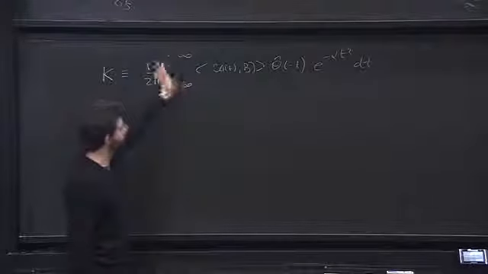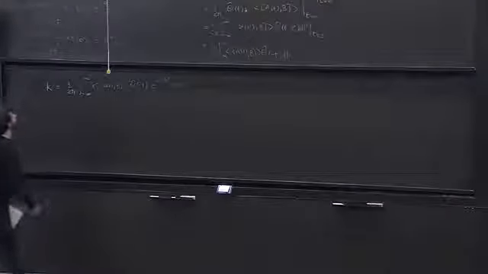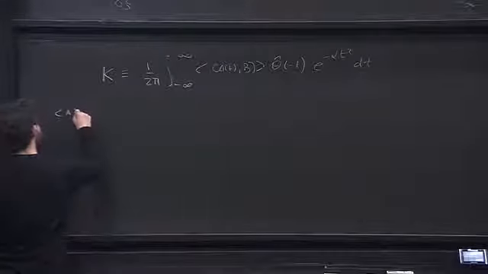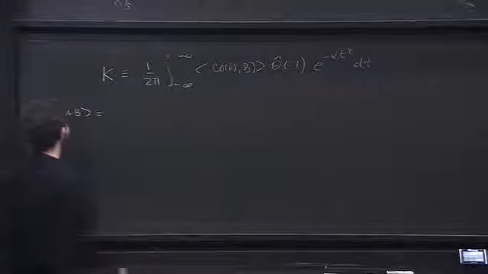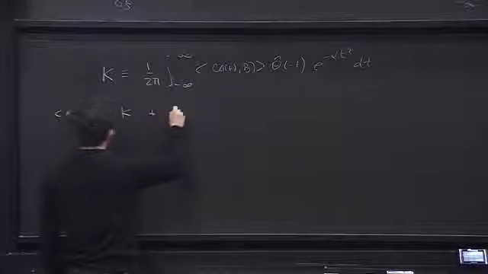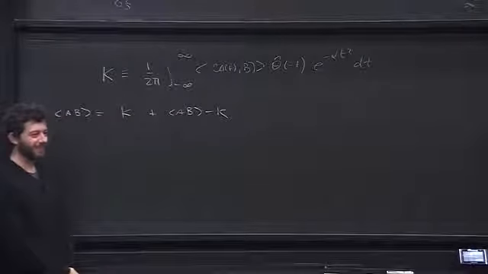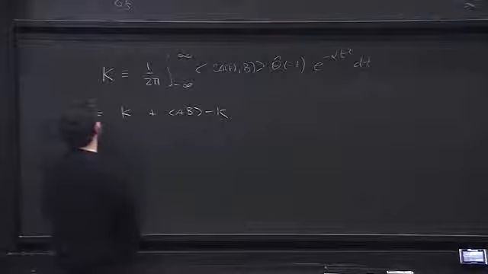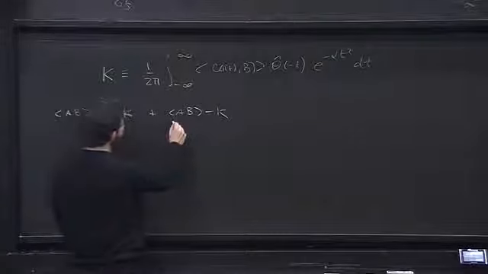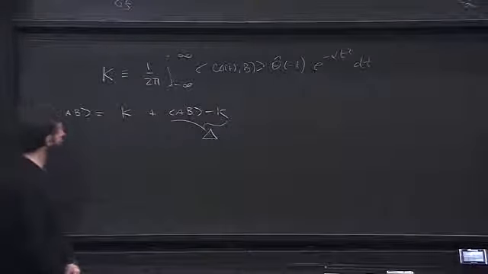However, this is not the function we are looking for. So our strategy would be the following. I can write AB in this way, like K plus AB minus K, of course. And this is the bound that I will find. And then I have an error. Let me call this one delta. And then we will show that this one is small.